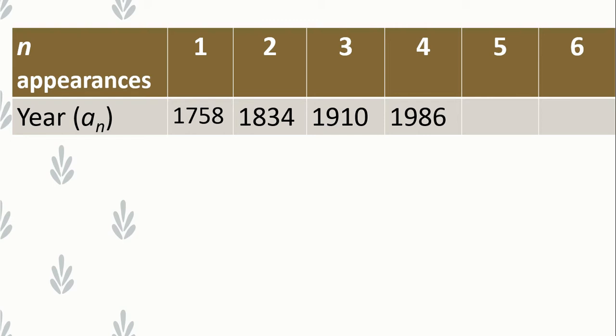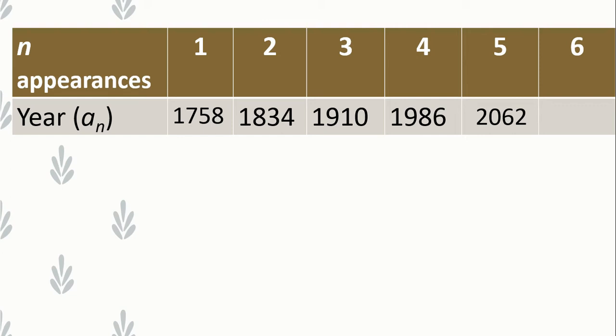Studying this table, the first appearance was 1758 and the fourth appearance was in 1986. If we want to determine the sixth year of appearance of Halley's Comet, starting from the fourth appearance, we will just continually add 76 to each term. So that is 1986 plus 76, that is 2062, and that is the fifth year of appearance.